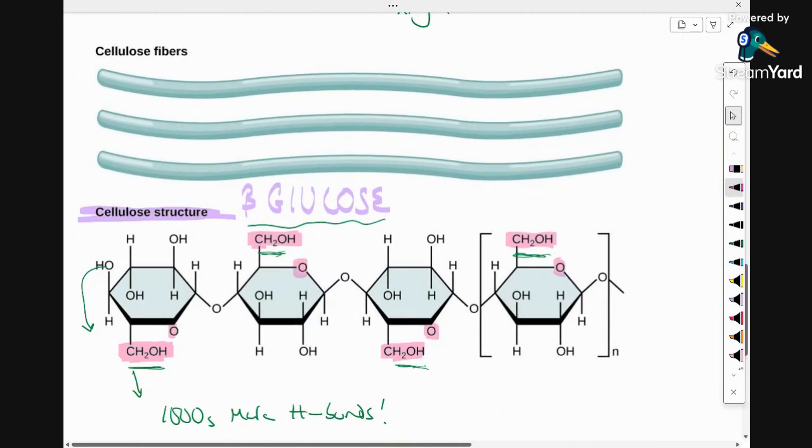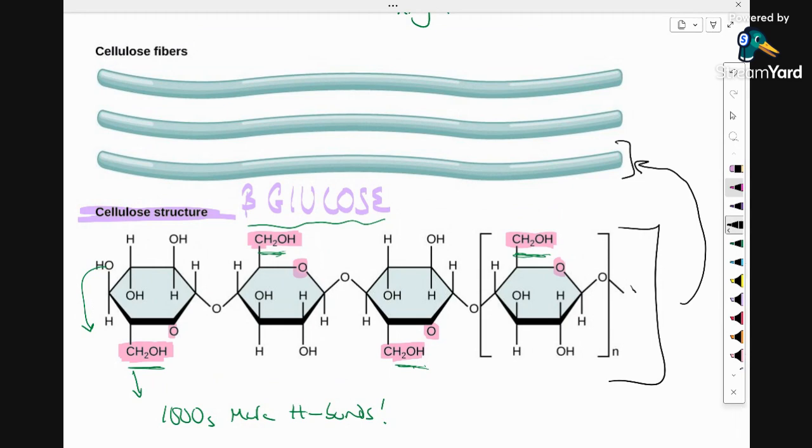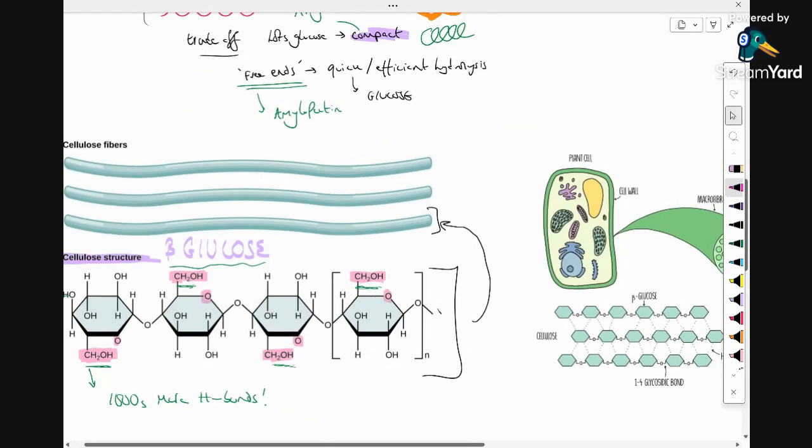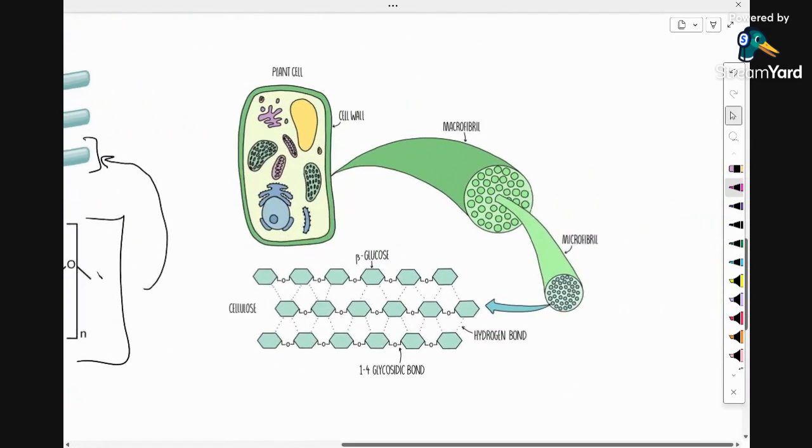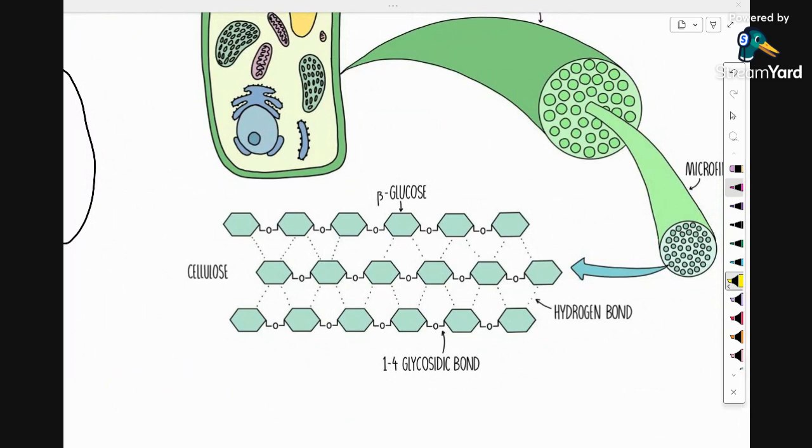So that's just showing here, essentially this thing here is one of these. They can stack on top of each other. So here we have cellulose molecules sticking together, and this is what you need to know.